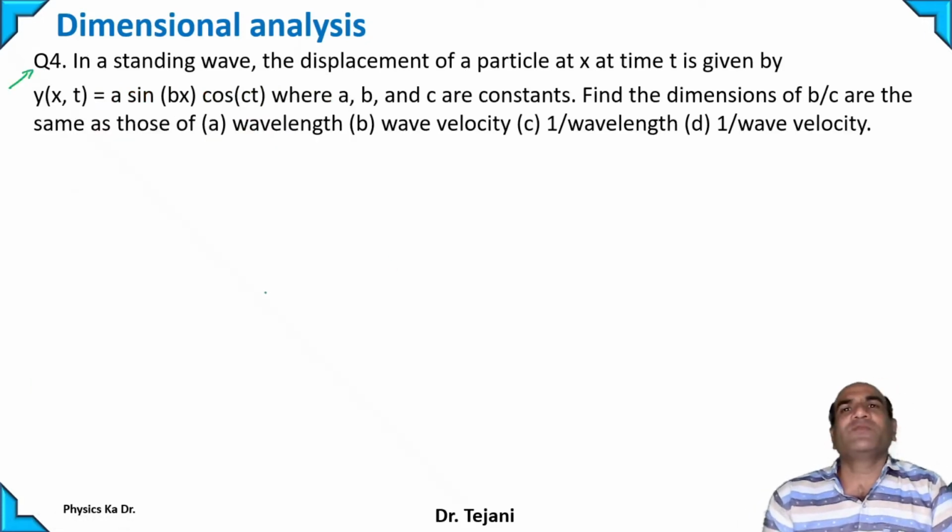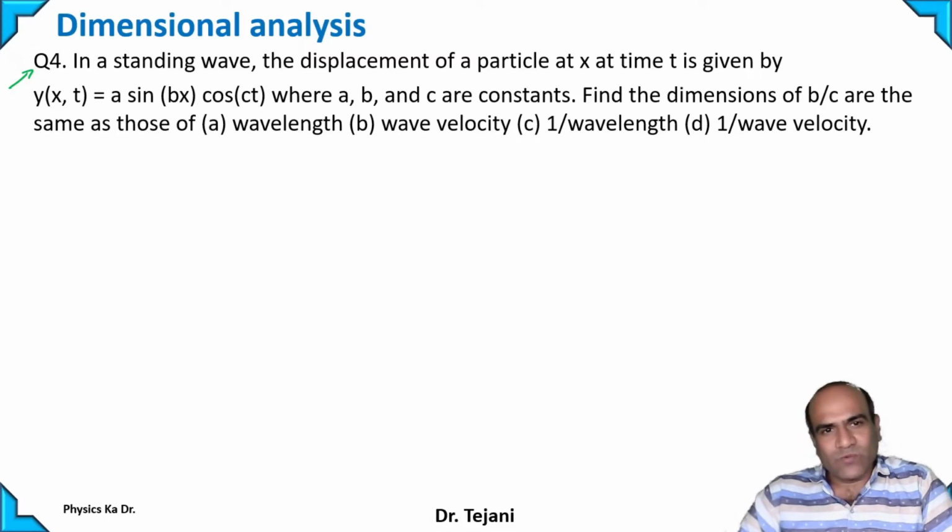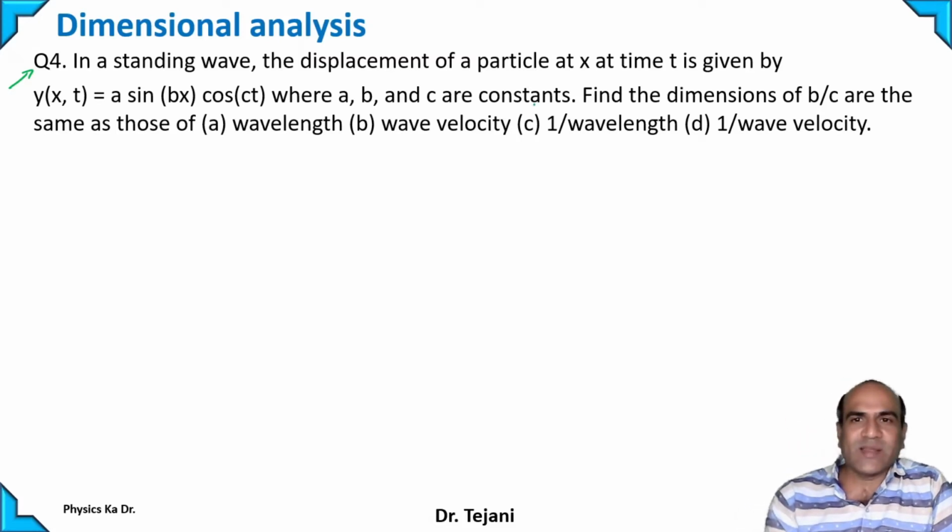Now question number 4, I think you should pause the video and solve this. Why not? Really, I think you should. In a standing wave, the displacement of particle x at a given time t is given by the equation: y is equal to a sin(bx) cos(ct).